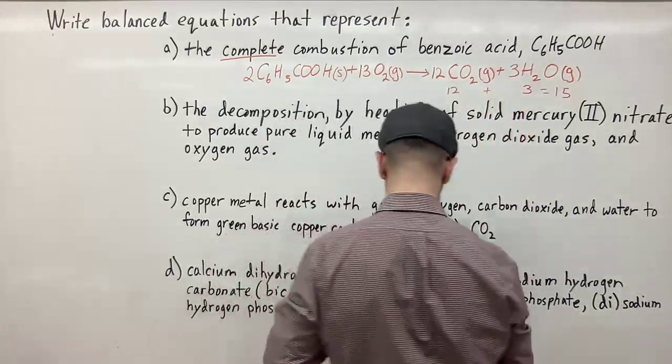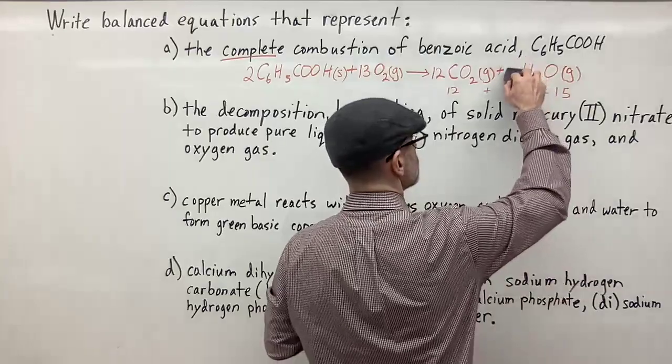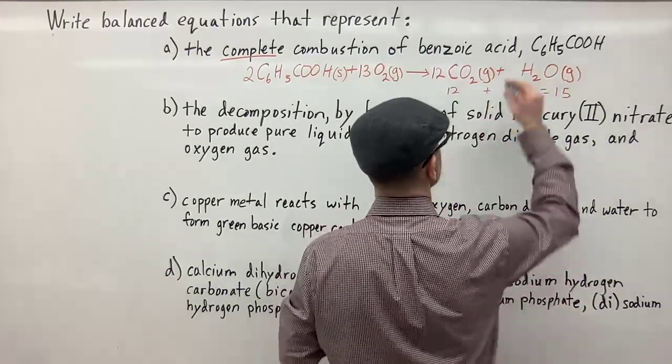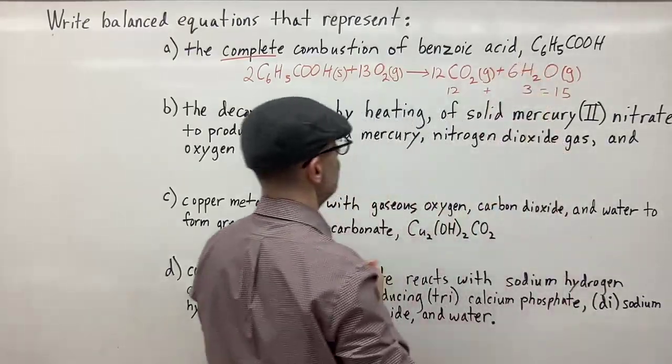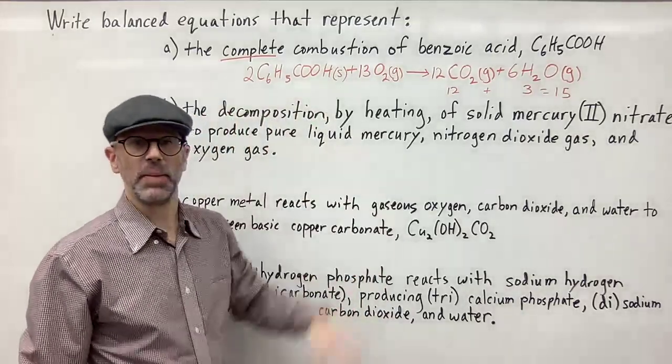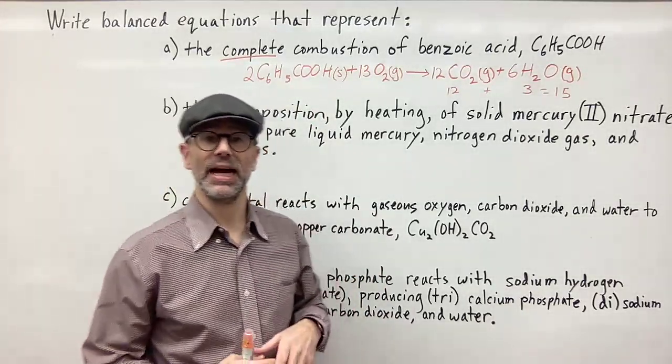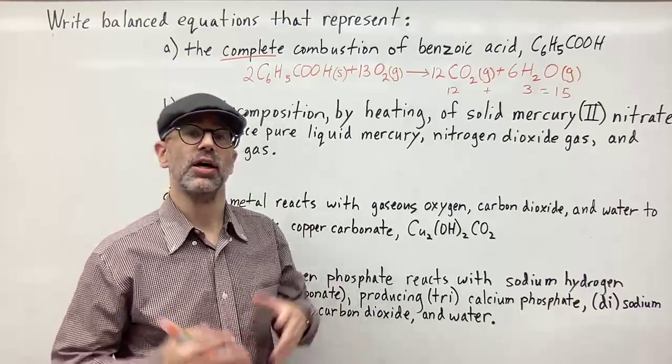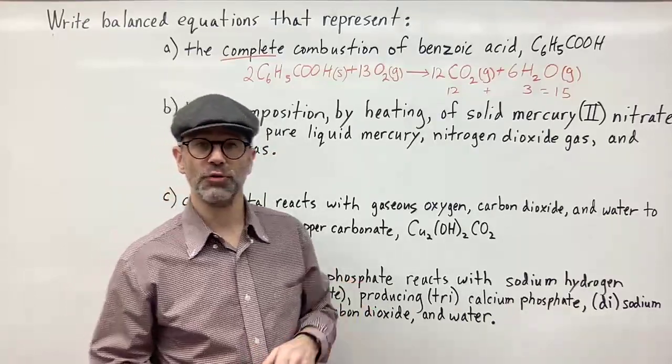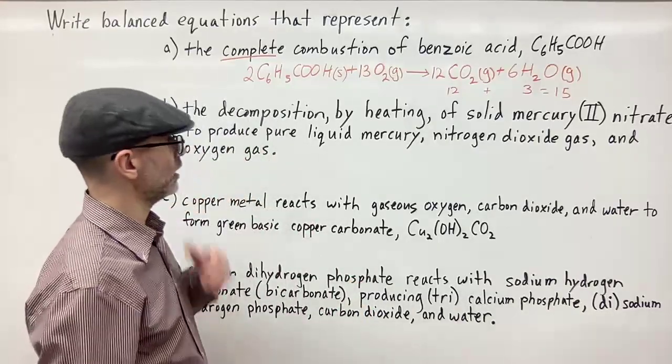And 3 times 2 is 6. So now I have my balanced equation, and I've got all whole numbers for my coefficients. Okay, let's go to the next one.